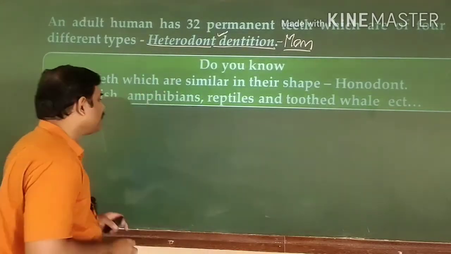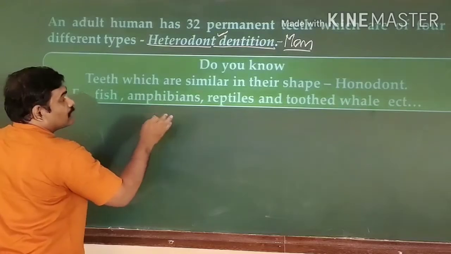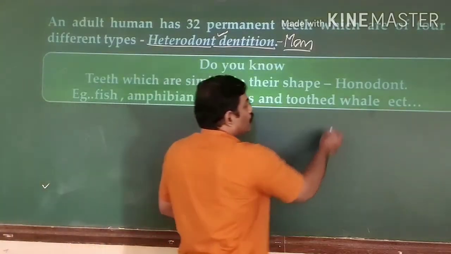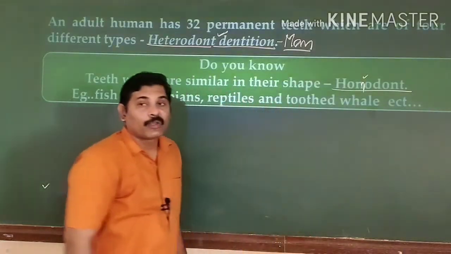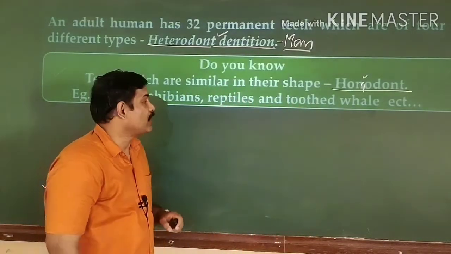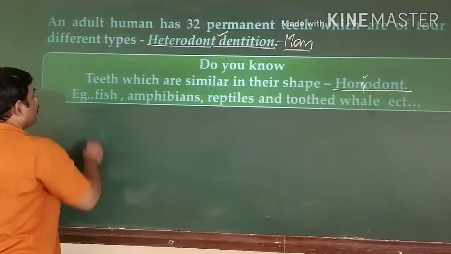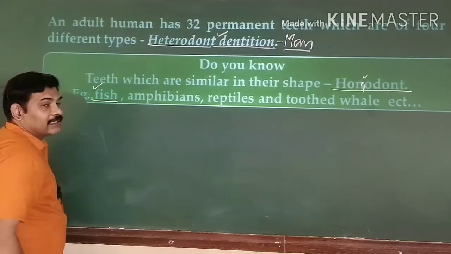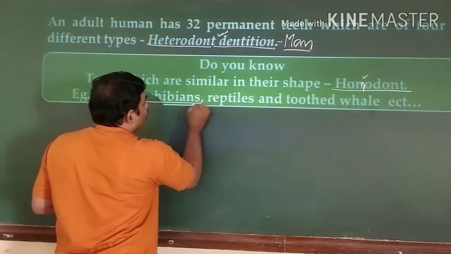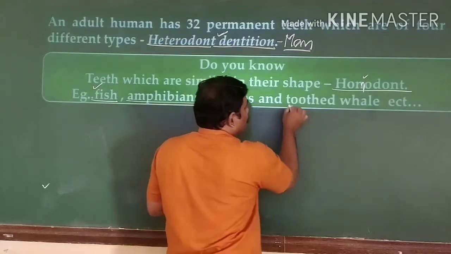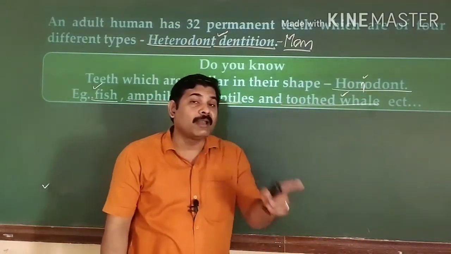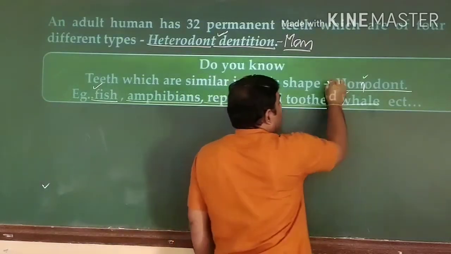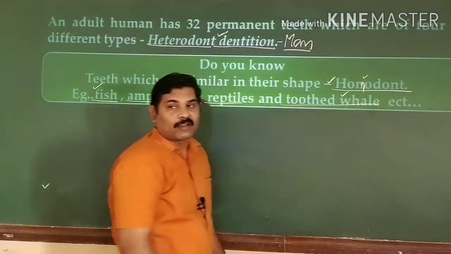Such dentition in these animals is known as homodont dentition. An example for such animals: if you see the teeth of fish, amphibians, reptiles and toothed whales, they have teeth which are similar in their shape, hence we call it homodont dentition.